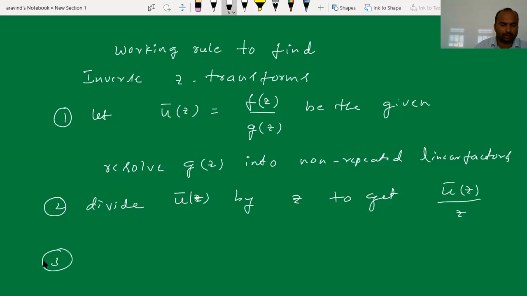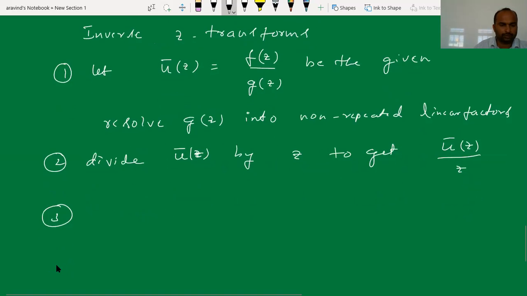Third point, resolve u bar of z by z into partial fractions.